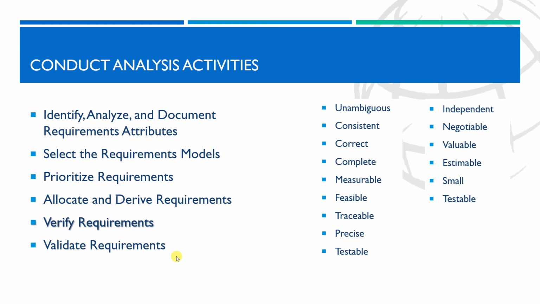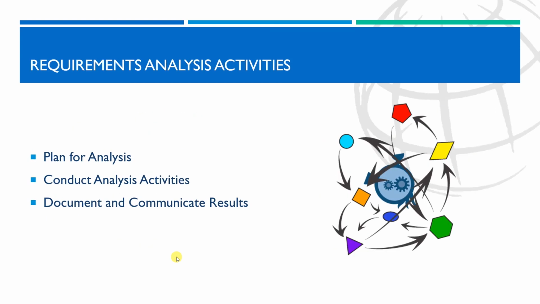And the last step in the requirements analysis activities is to document and communicate results. Analysis is conducted with the intent of documenting the results in an accessible and consistent manner to meet the needs of the intended audience and the project life cycle being used.